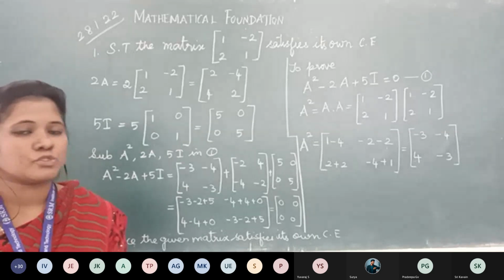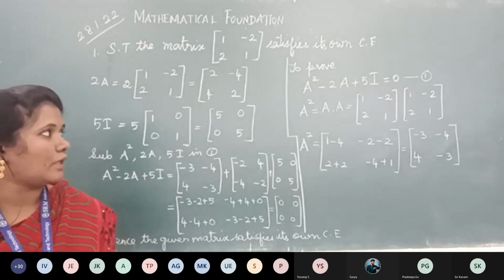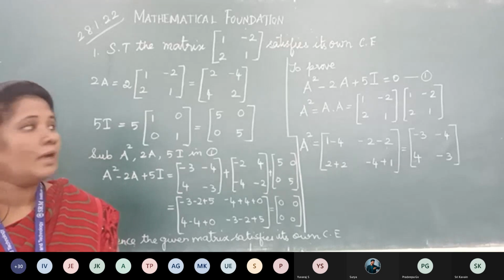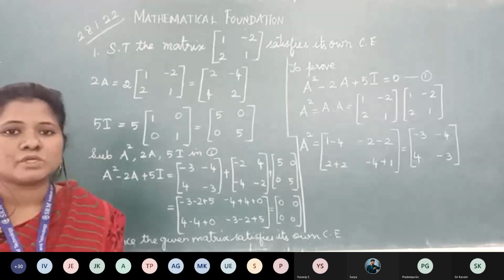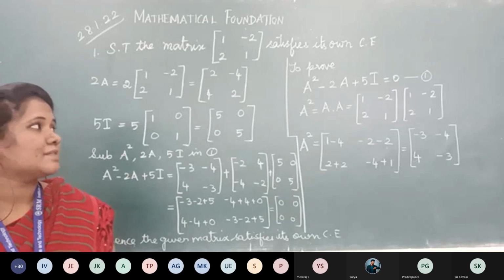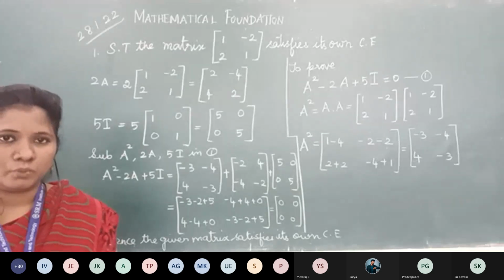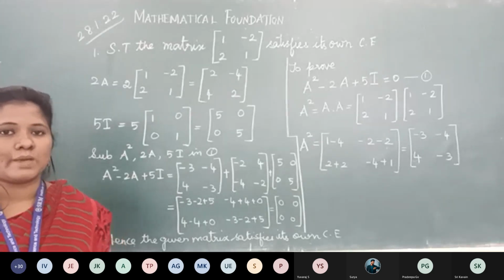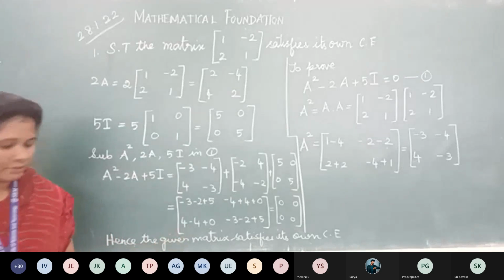Here it is A square minus 2A plus 5I. You found A square, then 2A, then 5I, then substitute in that first equation and see whether it is equal to 0. It will be equal to 0 if it is a square matrix. Okay, write it down.